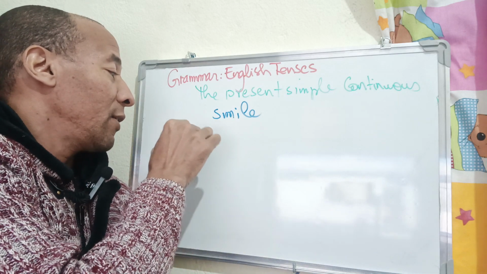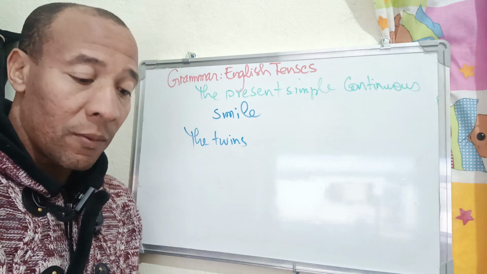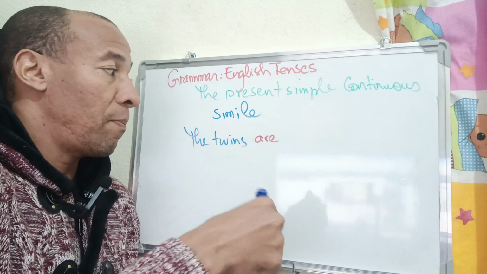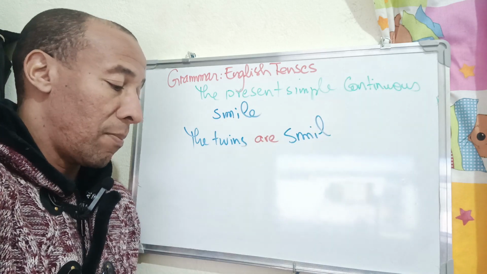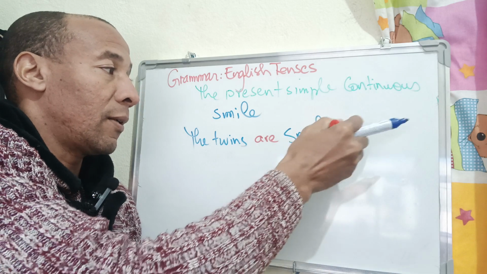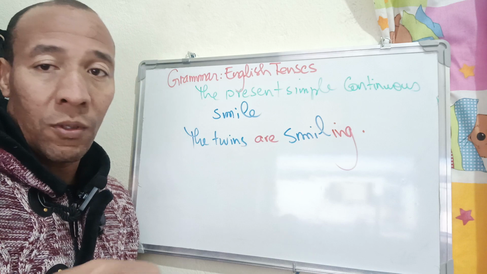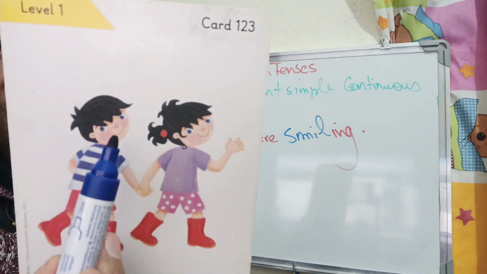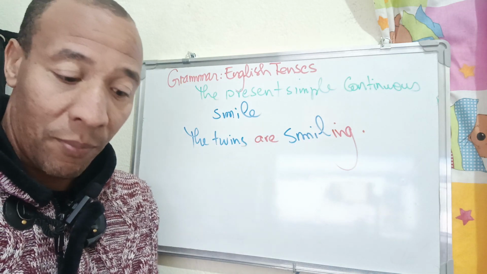So the twins are, we have verb smile, smiling. So the twins are smiling. Right? Another example.